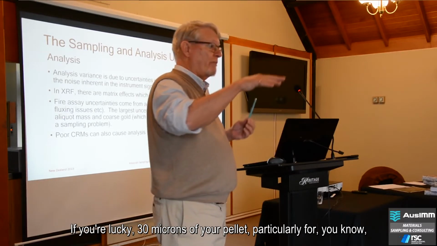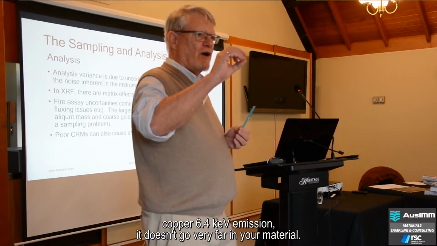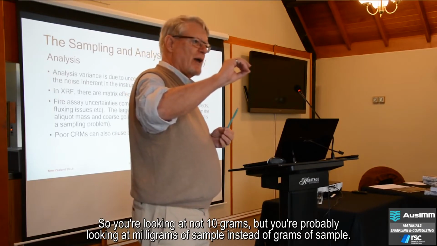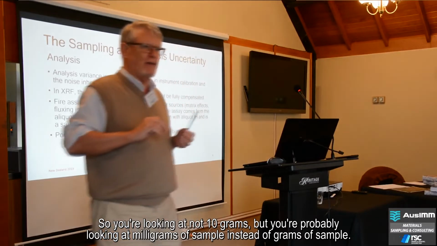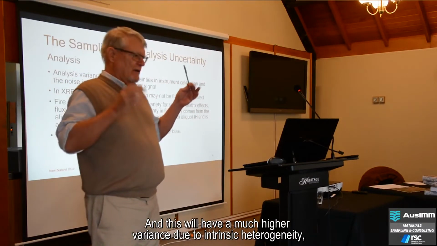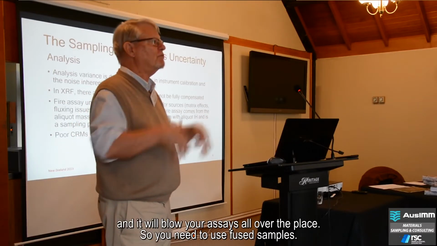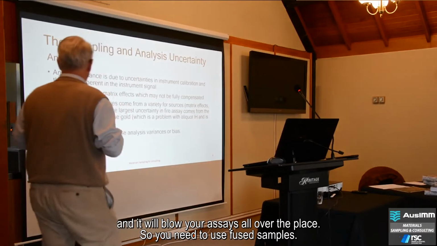Particularly for copper, 6.4 keV emission, it doesn't go very far in your material. So you're looking at not 10 grams, but you're probably looking at milligrams of sample instead of grams of sample. And this will have a much higher variance due to intrinsic heterogeneity, and it will blow your assays all over the place. So you need to use fused samples.